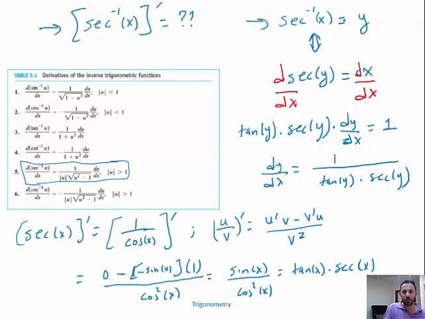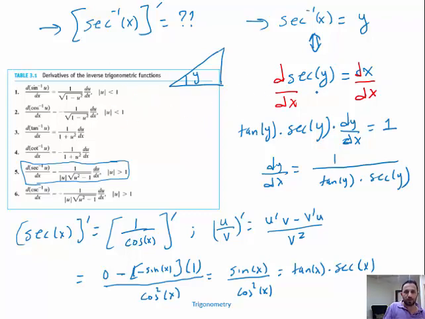So what is y? I notice that secant y is equal to x, because secant inverse of x is equal to y, and secant y equal to x. So this is the angle y, and we know the secant is 1 over cosine. Cosine is the adjacent over hypotenuse, then secant y is the hypotenuse over adjacent.